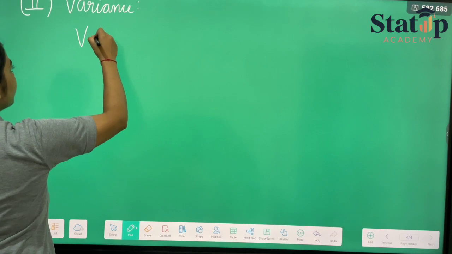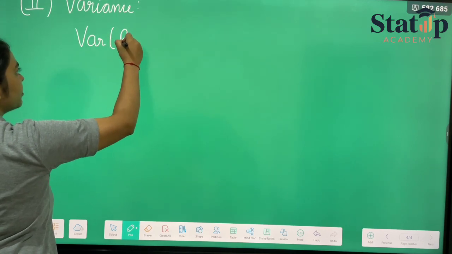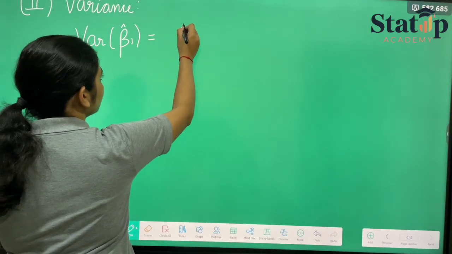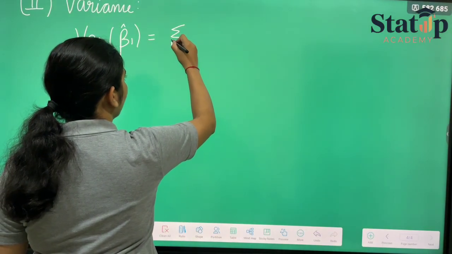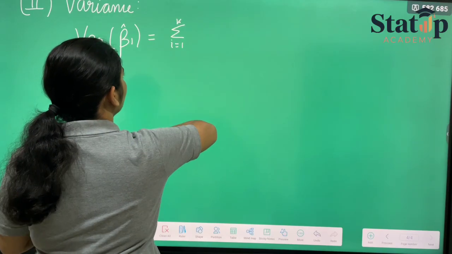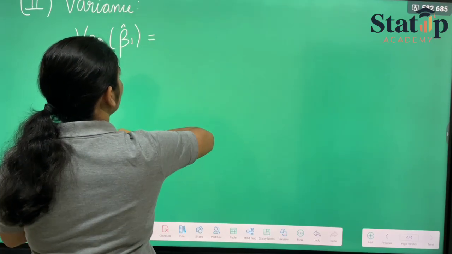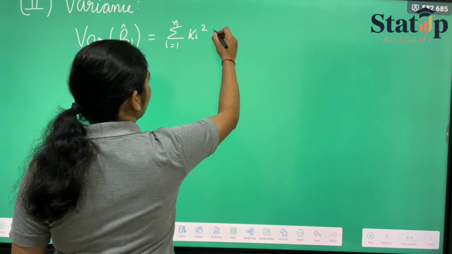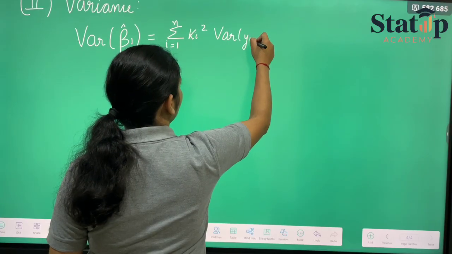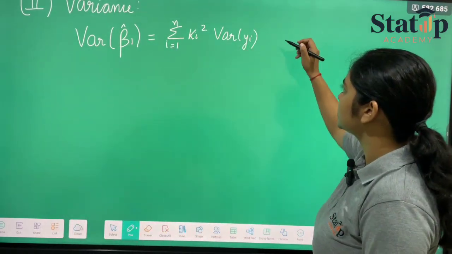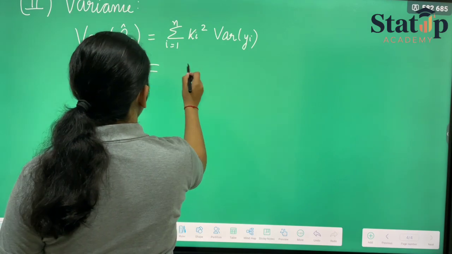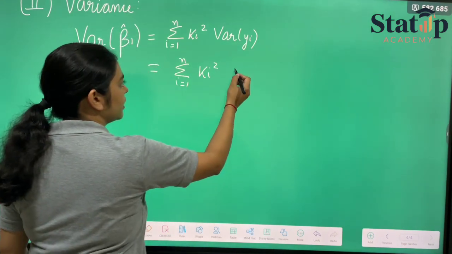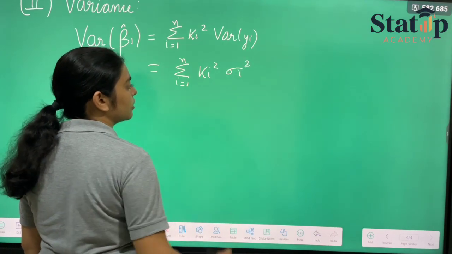Now we see that variance of beta 1 cap here is nothing but summation i goes from 1 to n ki square variance of yi. Now variance of yi in the case of heteroscedasticity would be summation i goes from 1 to n ki square sigma i square.